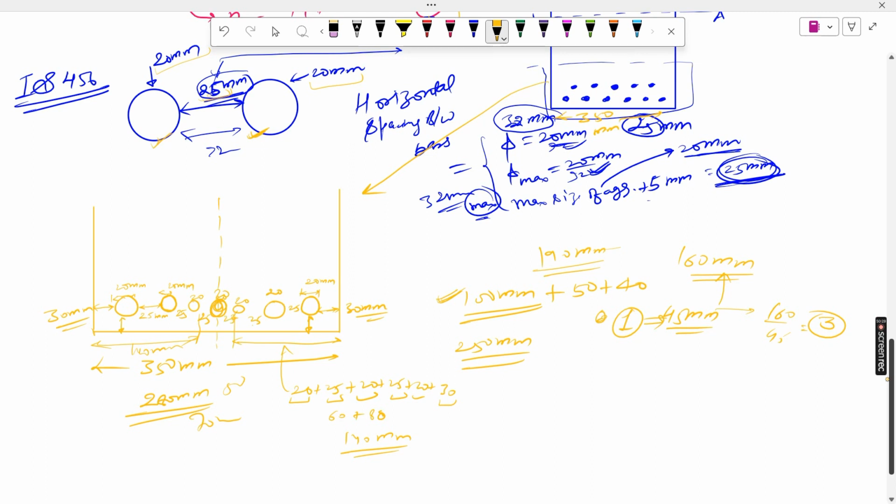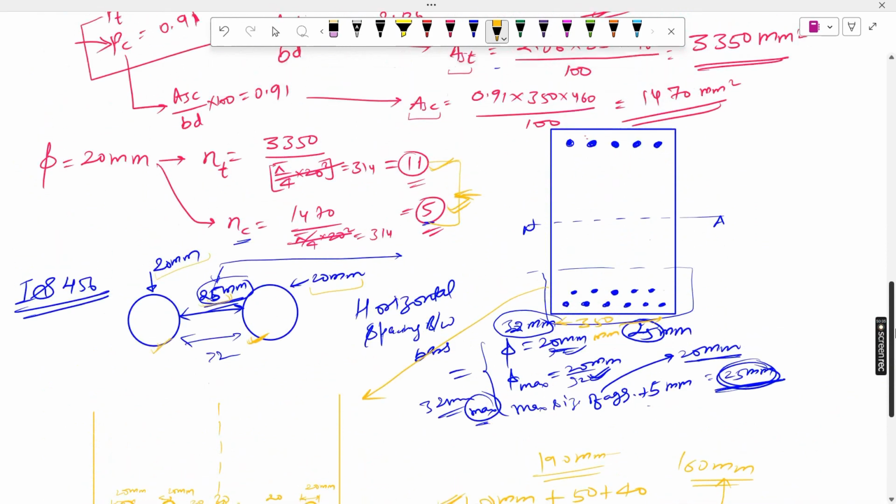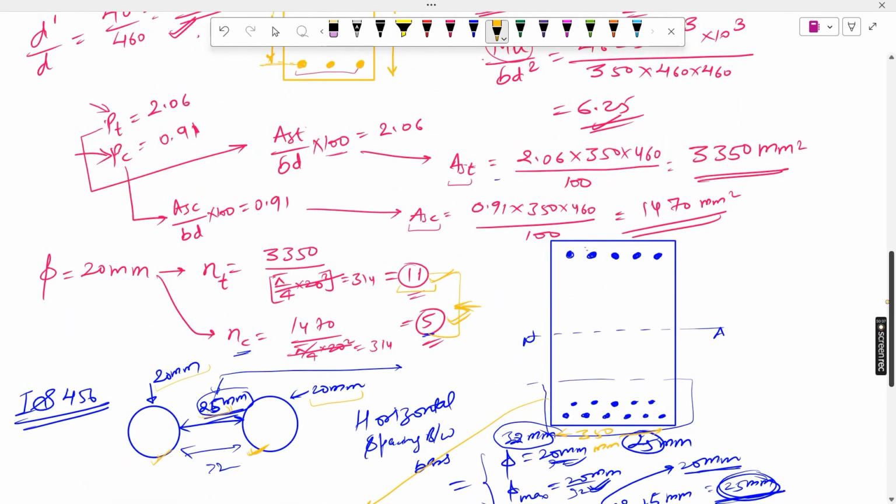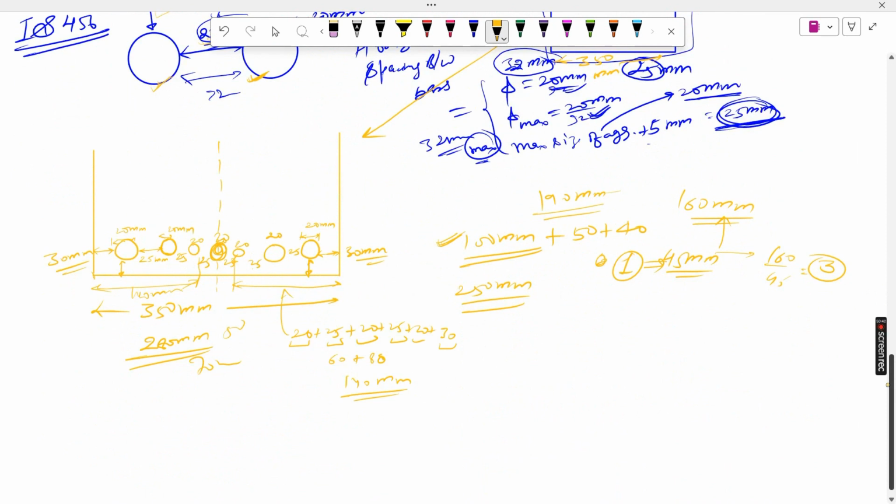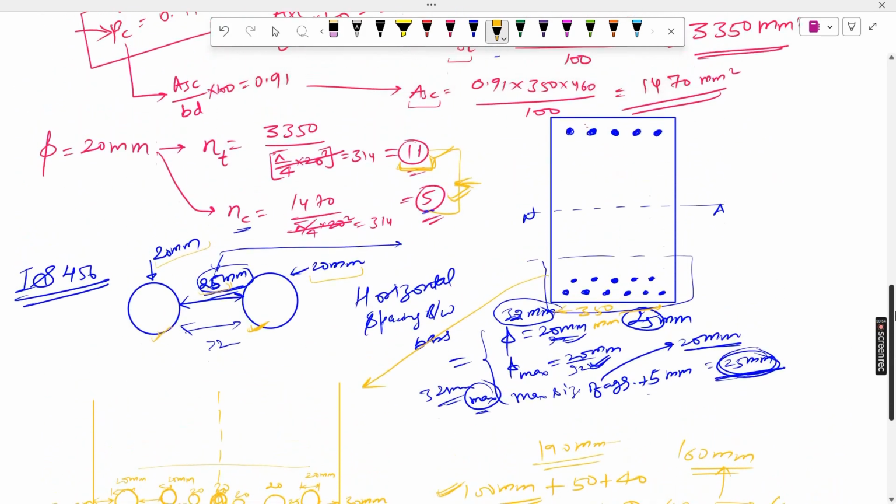Okay, so in this way how many bars can you put? 1, 2, 3, 4, 5, 6, 7. 7 bars only. But how many bars do we have to put? 11 bars. So where do we have to put the 4 remaining bars? In the upper layer. In the upper layer you have to put the bars.